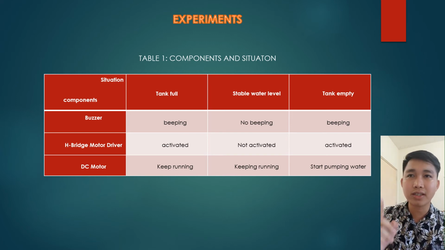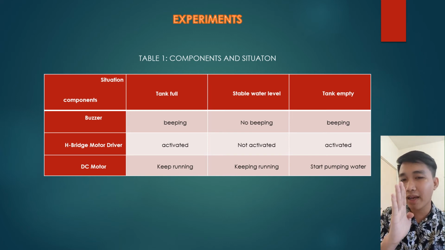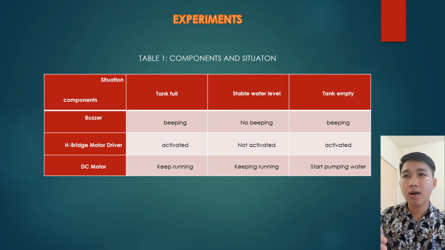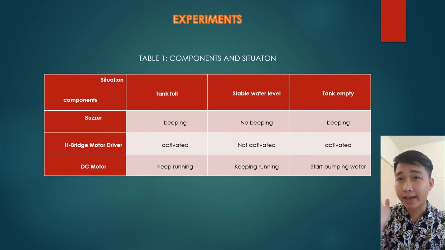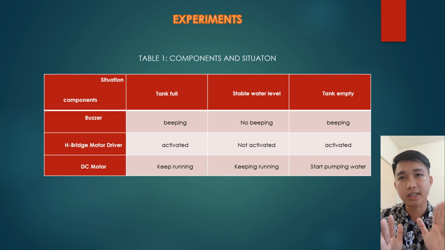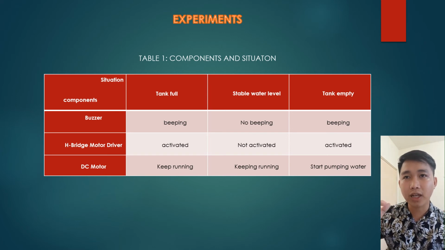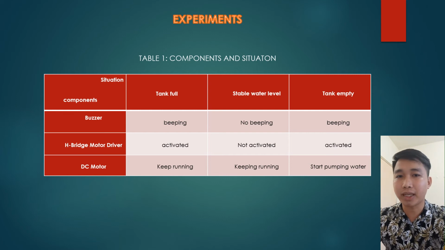The second one is a stable water level. When the water level is at this level, the buzzer does not beep, the H-bridge is not activated, and the DC motor keeps running. And the third is the tank is empty. When the tank is empty, the buzzer beeps, the H-bridge is activated, and the DC motor starts pumping.